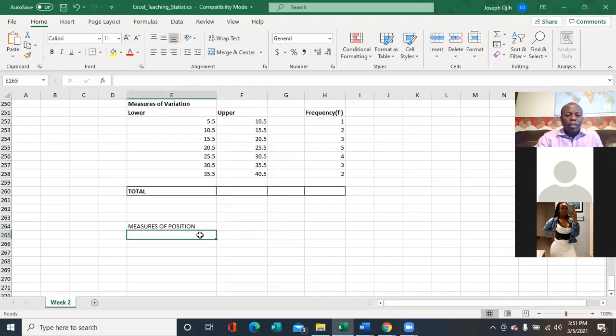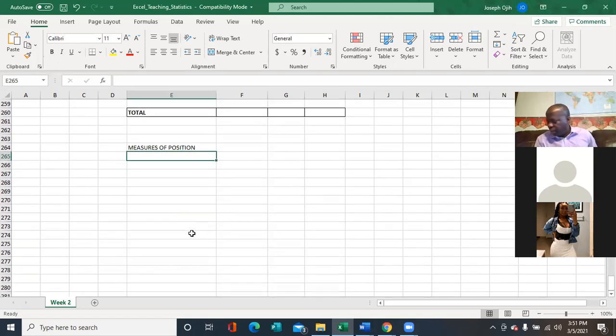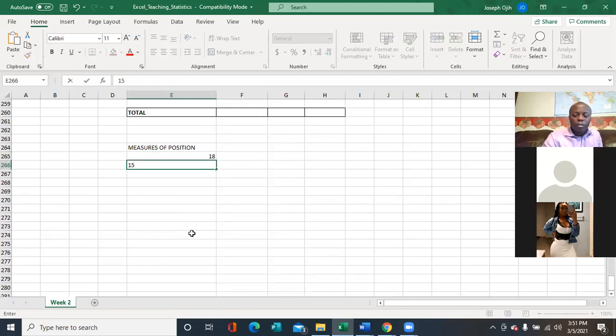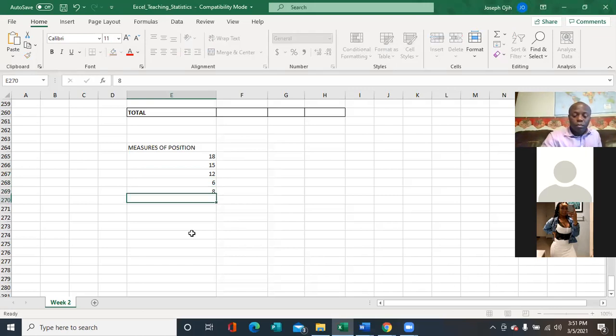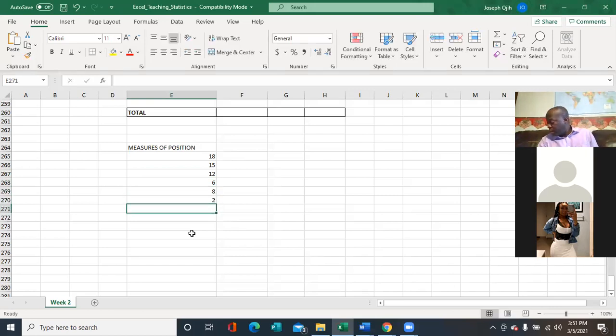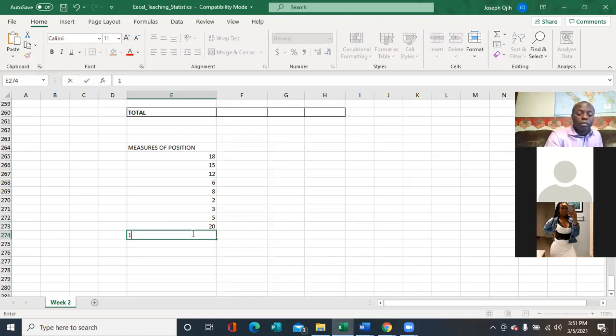So we have these numbers that I have entered, measures of position. We have the same numbers we're using. With a set, it doesn't really matter whether they are arranged in order or not, so I'm going to just put them in. 18, 15, 12 and 6, 6, 8, 2, 3, 5, 20 and 10.